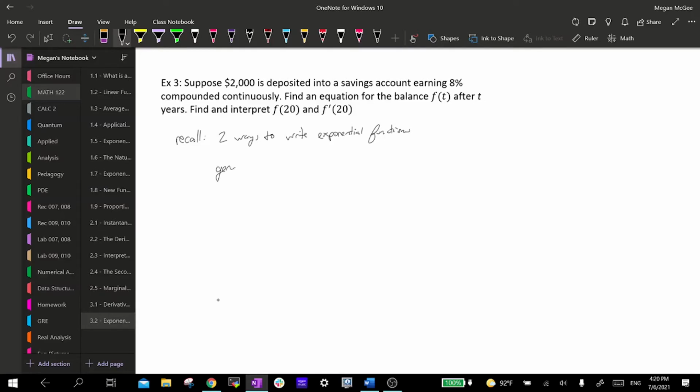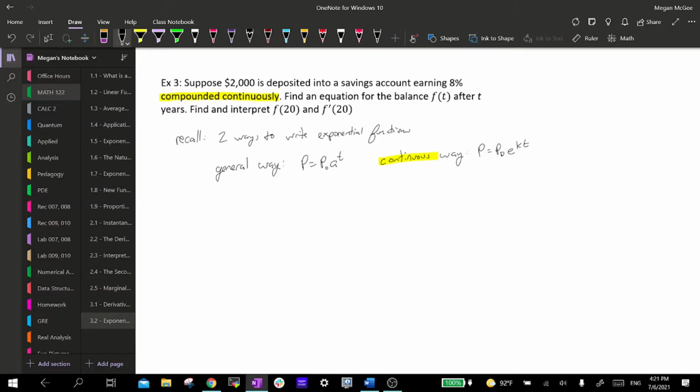So we have the general way, which is P is equal to P naught a to the t, and then we have the continuous way, and that is P is equal to P naught e to the kt. Sometimes k is written r instead of k. So we have to think about which one we are using here. Well, they give us a nice clue. We have compounded continuously, so that means we want to use our continuous exponential function.